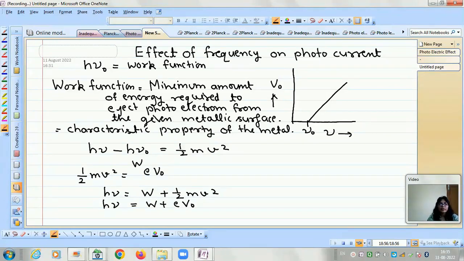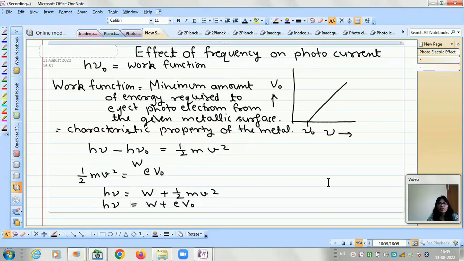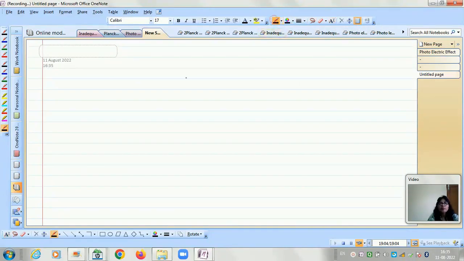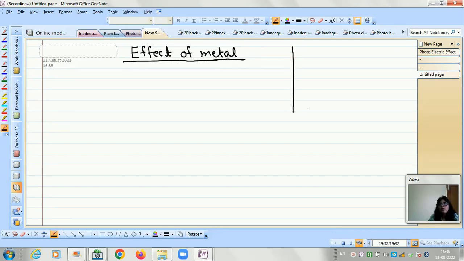Now come to another effect, the effect of metal. Let us go to the next page and put another heading, effect of metal. As I already said, if we use a different metal, then the work function will be different, and if the work function is different, then there will be a different stopping potential also, and the threshold frequency will be different.